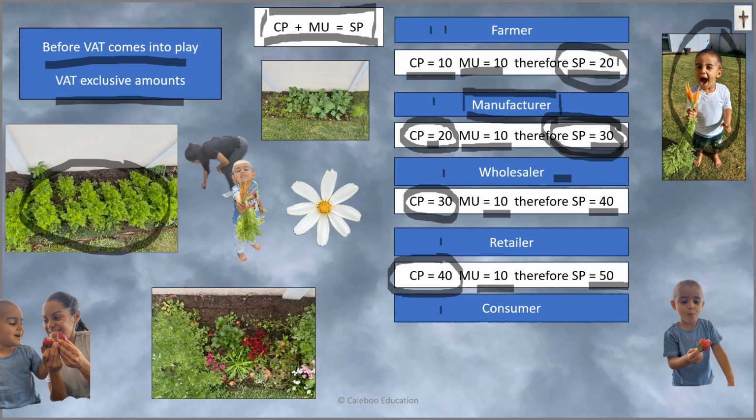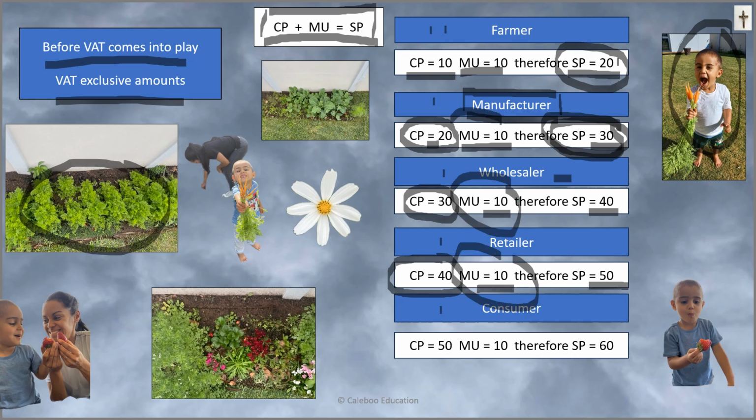Because at each level, these people are in business to make a profit, so there's a markup at each level. So what I've demonstrated here is the cost price plus the markup, which is the gross profit, is equal to the selling price, with numbers excluding VAT.